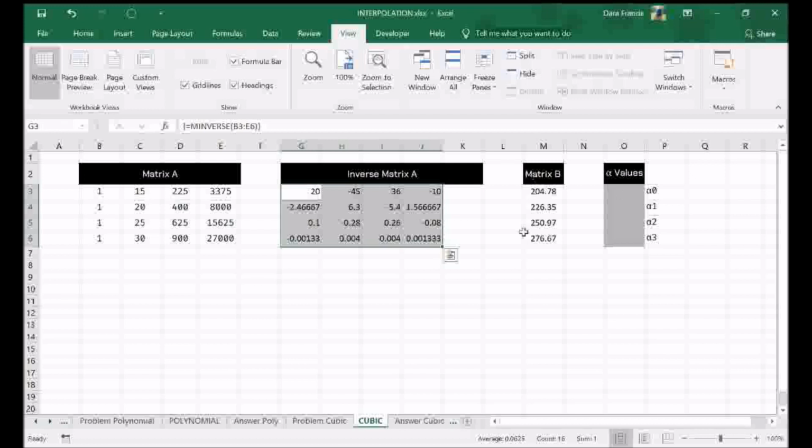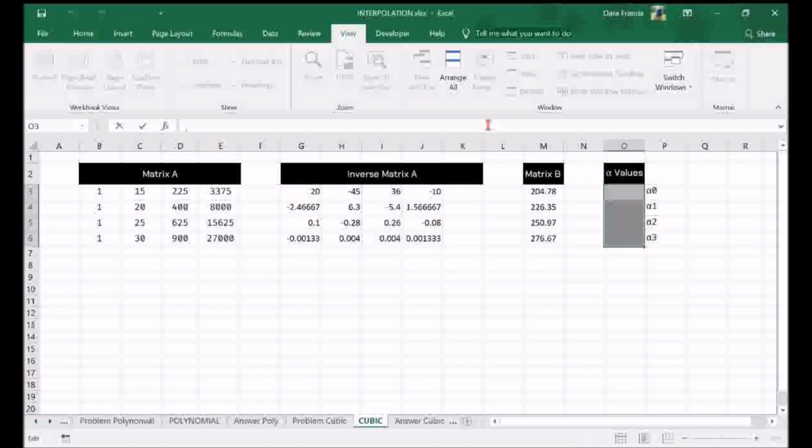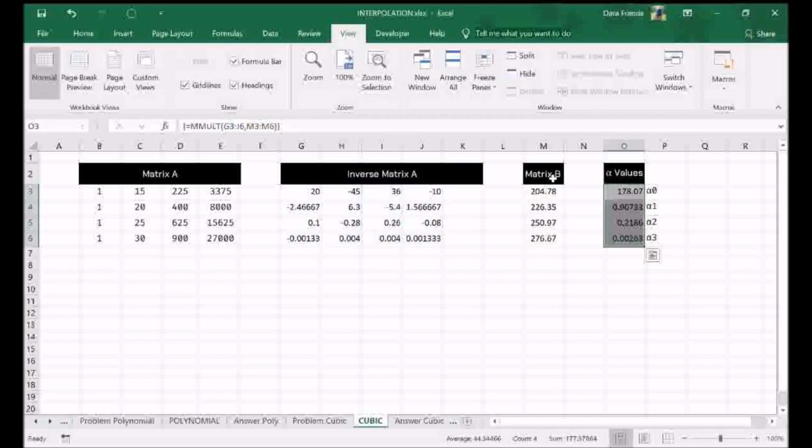The next step, as usual, is we will multiply our matrix B to the matrix A. Matrix B has 4 rows, so we will highlight 4 rows. Then we go to the formula bar and put MMULT, or matrix multiply, parenthesis, choose our first matrix, which is the inverse matrix A, then comma, our next matrix is the matrix B, close it with the parenthesis, hold Control, hold Shift, and press Enter.